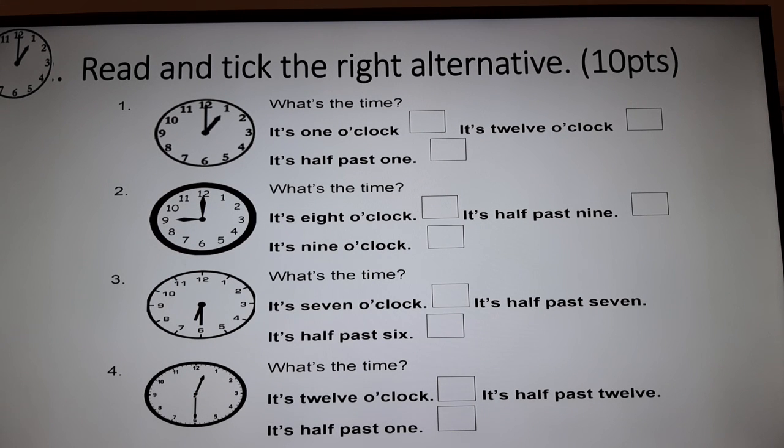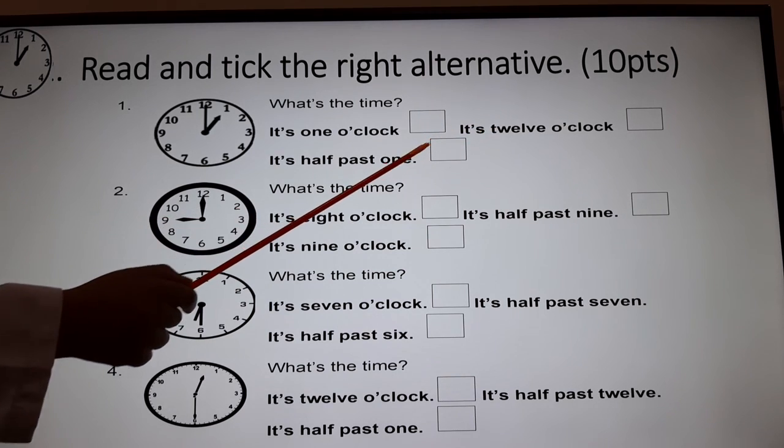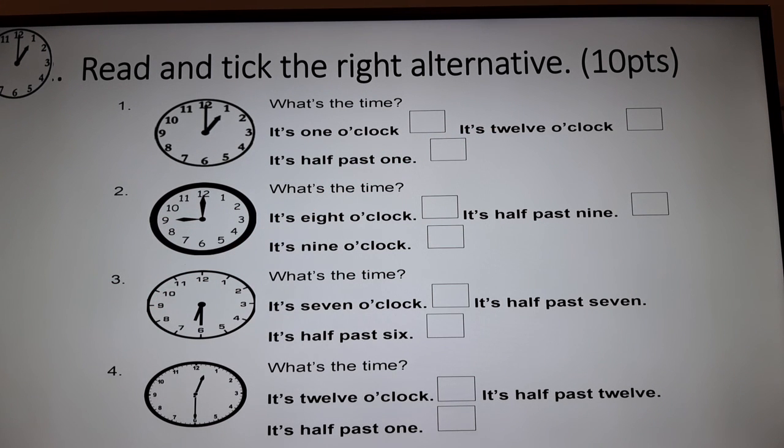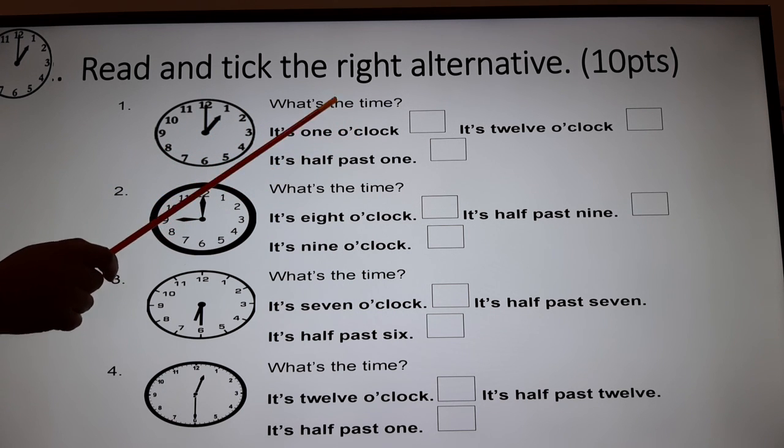Now here we had to look at the different clocks and tell what the time is. So for each clock you had to choose the right alternative between 3. Now, if you look at this one, number 1, what's the time?